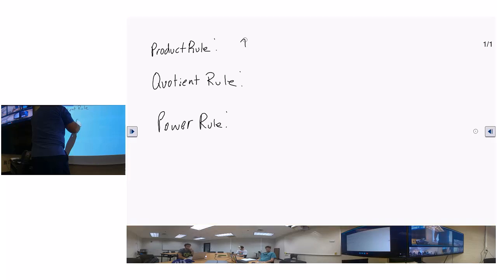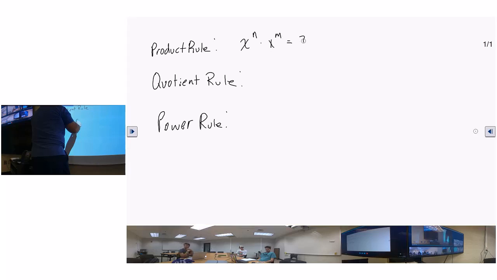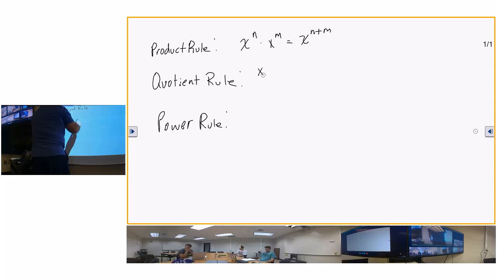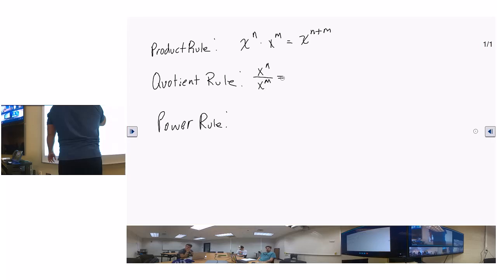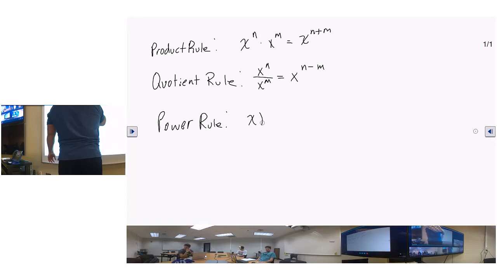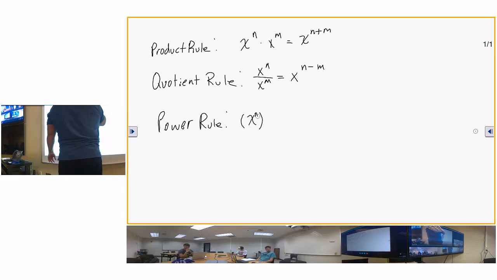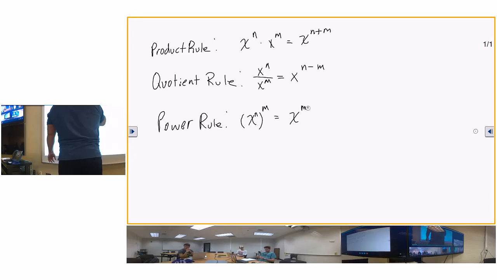Product rule, if you have two terms with the same base and you are multiplying, you add the exponents. If you have two with the same base that you are dividing, you subtract the exponents. And if you have one exponent raised to another exponent, you multiply, n times m.